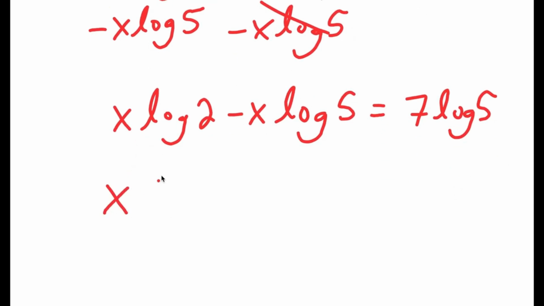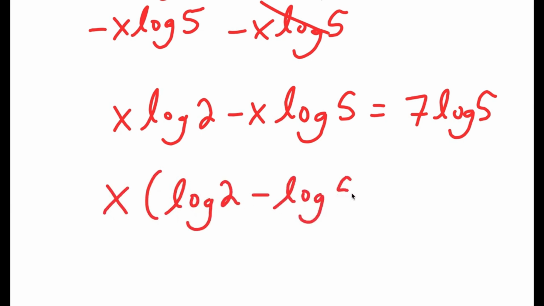Now I can factor out x, so I get x times log 2 minus log 5 is equal to 7 times log 5.